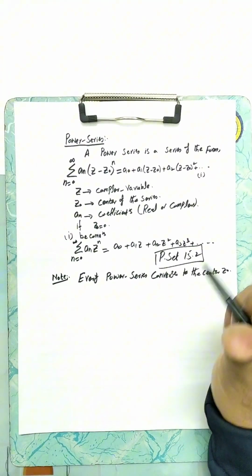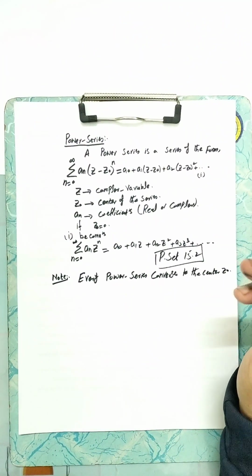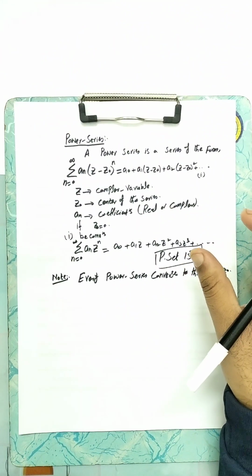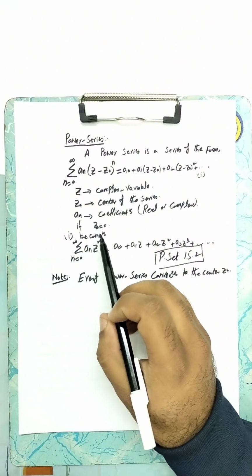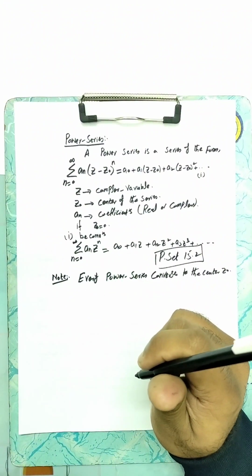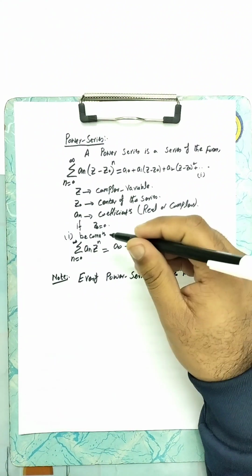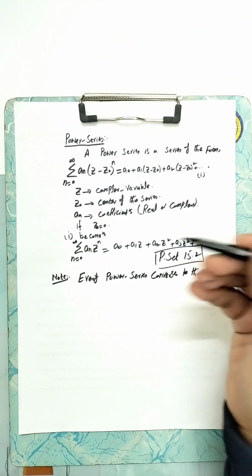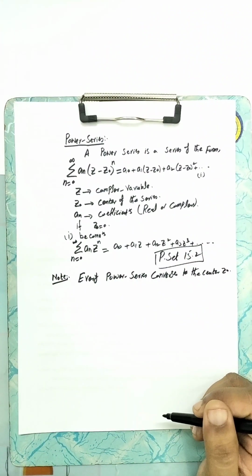It means every power series must converge at one point, and that point is the center. If the center is 0, then we say that the power series converges at 0, because the center z naught is equal to 0.